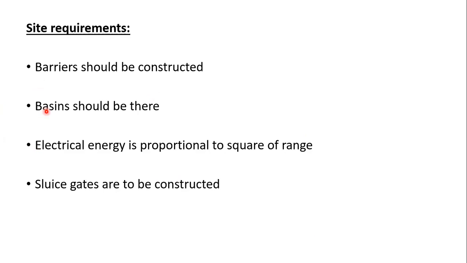The utilization of tidal electric energy requires the construction of barriers across the narrow inlet to an estuary or bay. These barriers form an enclosure that we call the basin.